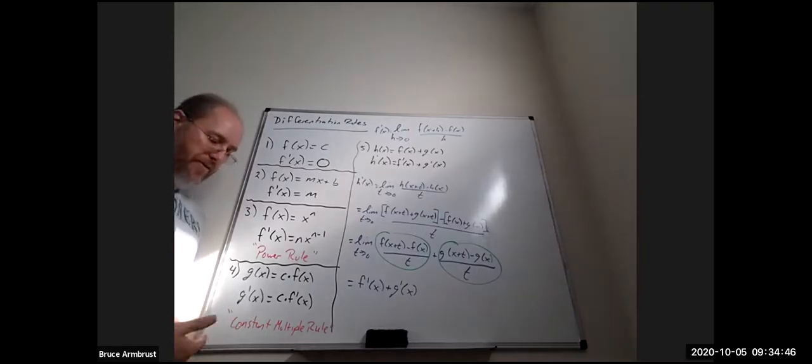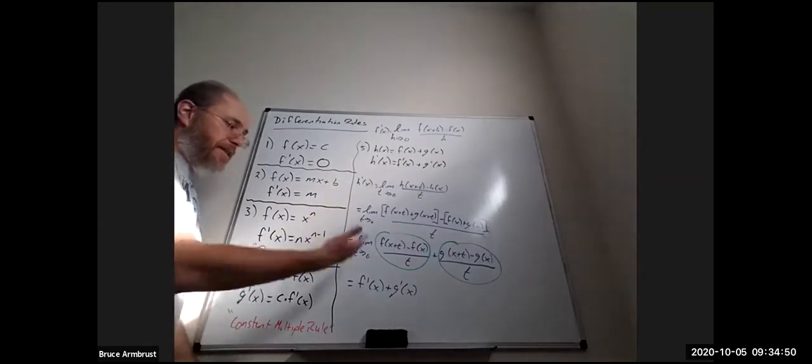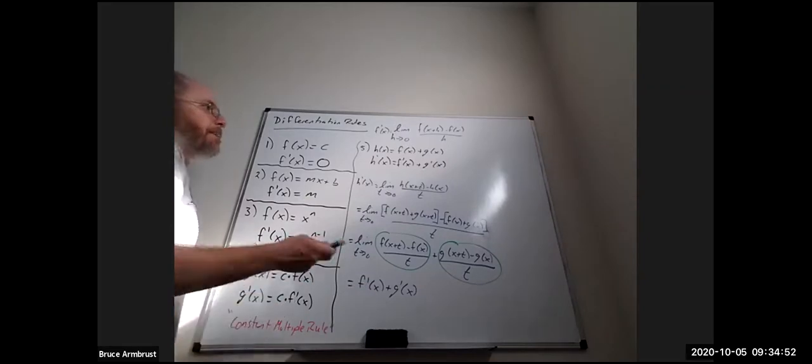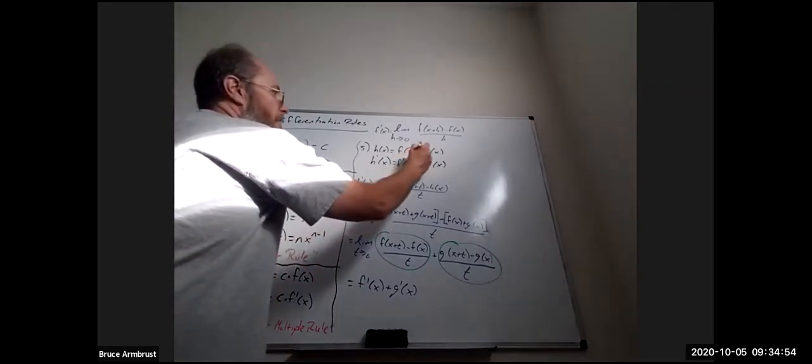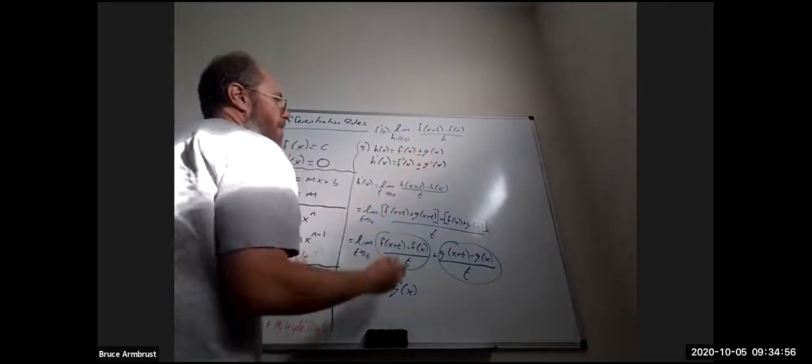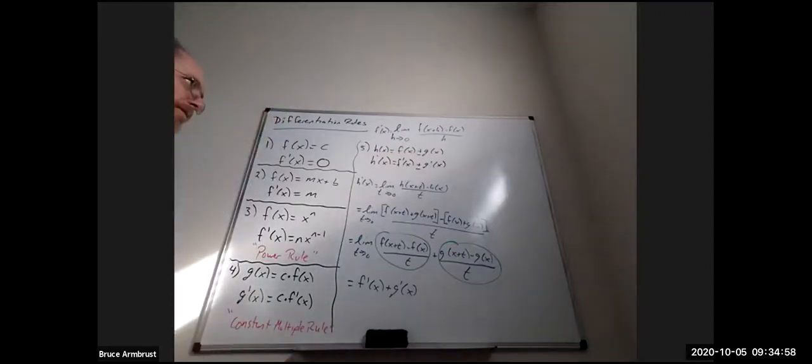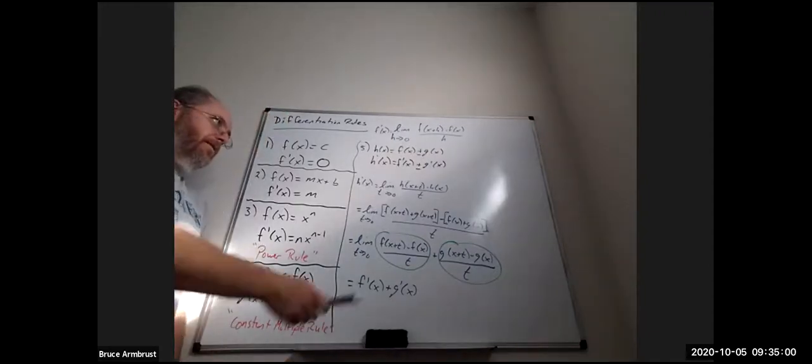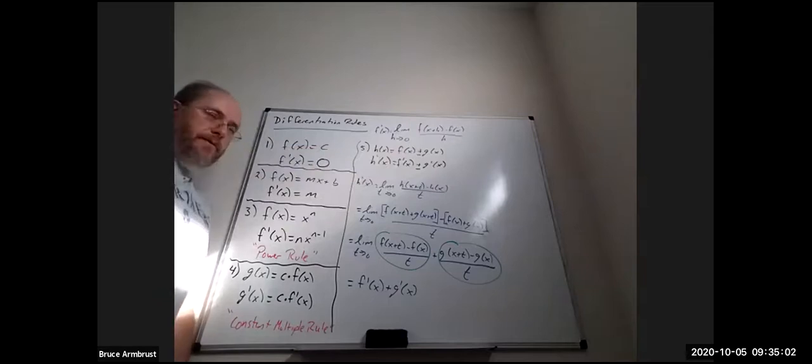All right, so this was from addition. It turns out that if you do subtraction, the exact same thing falls out. I'm not going to bore you with that, but what I am going to do is up in our rules, you notice I'm going to write this as plus or minus. So if we have f plus or minus g, the derivative is going to be f prime plus or minus g prime.